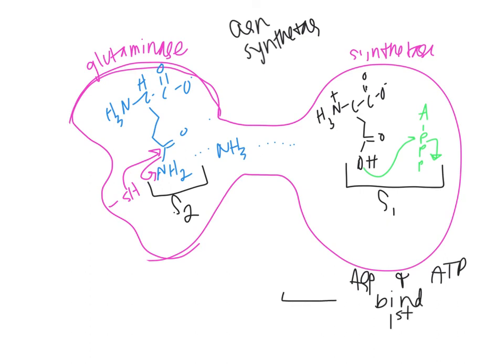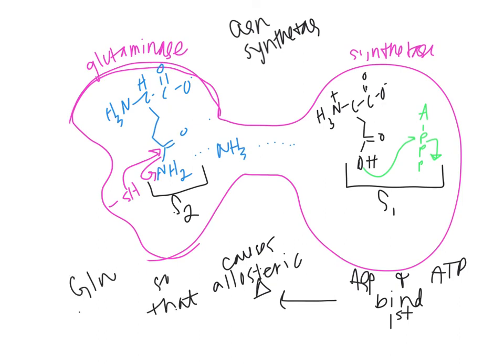And that causes an allosteric change, I'll just put delta allosteric change, so that GLN can bind. And that makes GLN S2 in this case. All right, cool. So we did transaminases that follow ping pong kinetics and amidotransferases that follow ordered sequential kinetics.